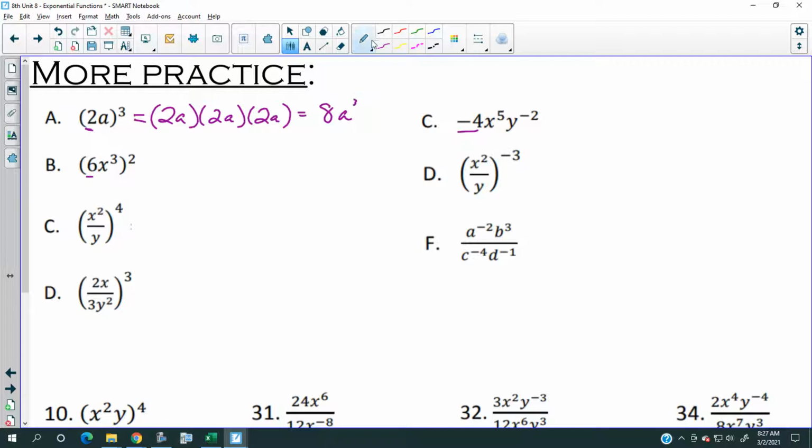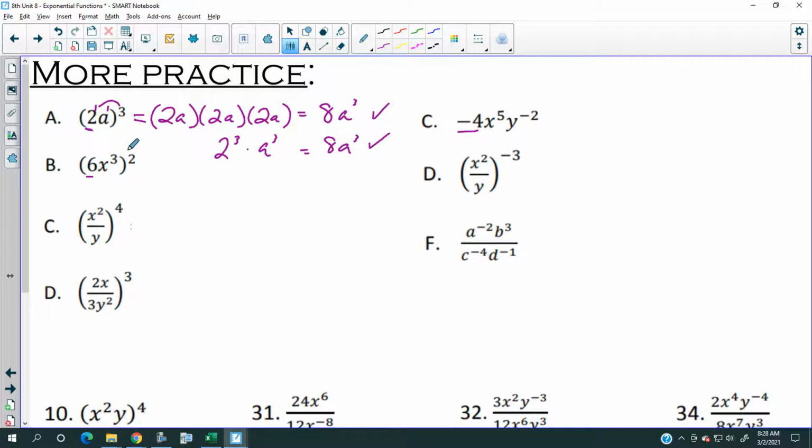The other way to look at it is to distribute the 3 to both exponents, the 2 to the first power and the a to the first power. 3 times 1 is 3, so 2 to the third power times a to the third. 2 to the third is 8, a to the third is a to the third. They both check out. Got that?